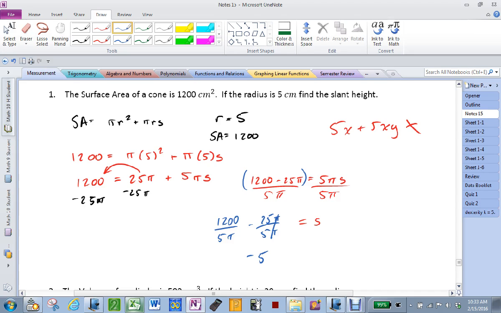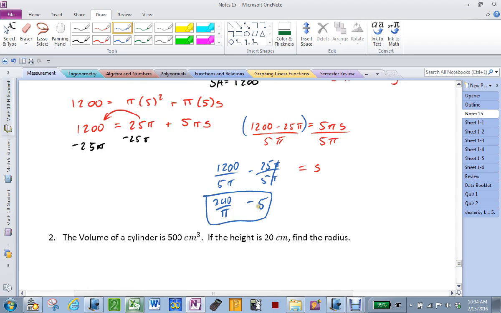I was right the first time, wasn't I? 240. So this is going to be 240 over pi, right? Because the pi didn't cancel. That's where you can simplify it to, as far as you can go without actually getting into decimals. Everyone cool?